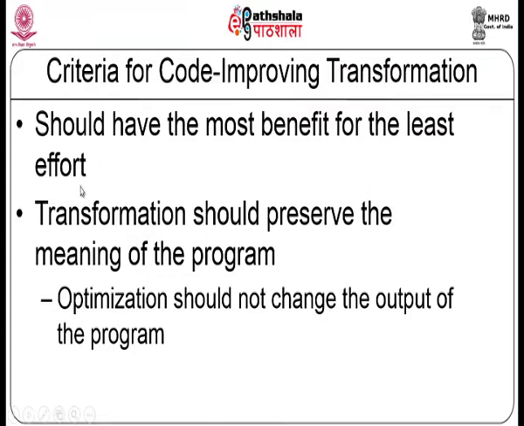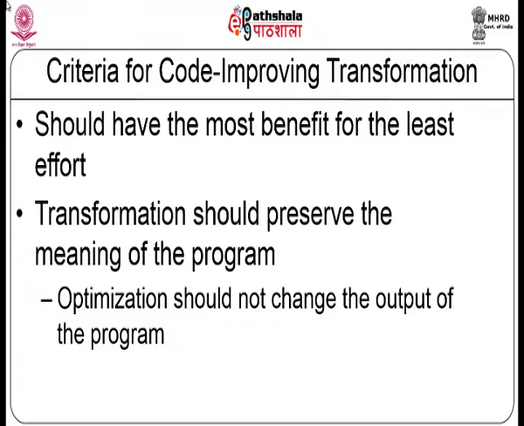So whatever could be your input and whatever optimization you perform, you should not change the output of the program. So I think we talked about one structure preserving transformation where we incorporated algebraic properties, where I said that you can use the properties of mathematical identity to optimize your code. So mathematical identity means like adding a 0 with any variable is going to be the same variable.